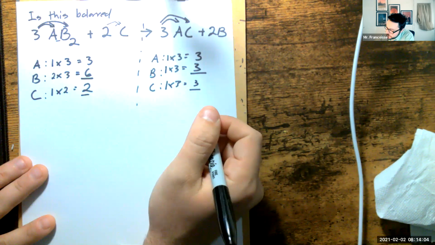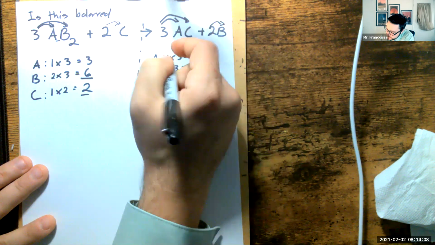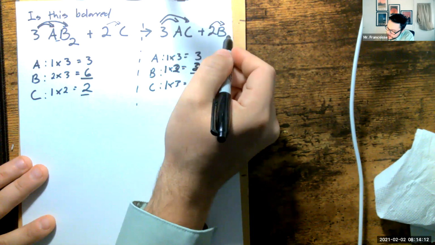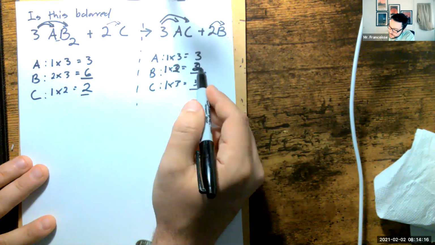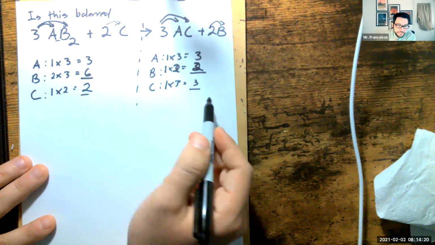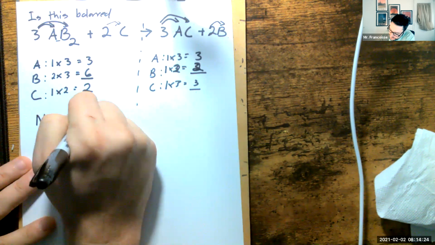That's our issue. If we look at B, it should be 2 times 1. So we have 2 here. So let's correct that. So B, there's 2 B's. There's 3 C's and 3 A's. So we have 3, 2, 3, 3, 6, 2. So these don't match up. So we can say no, it is not balanced.